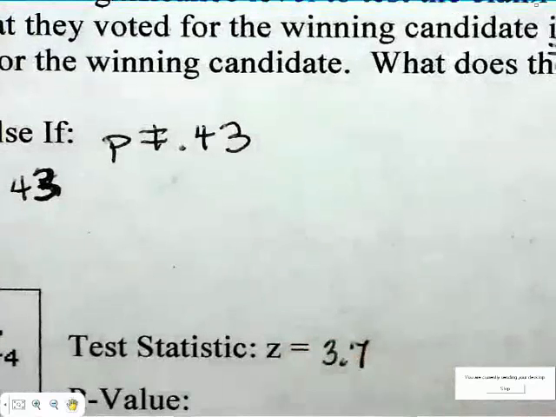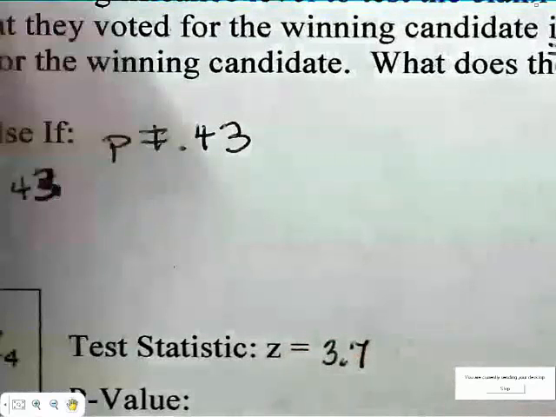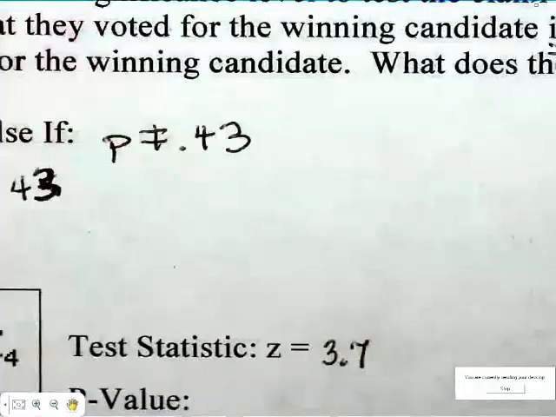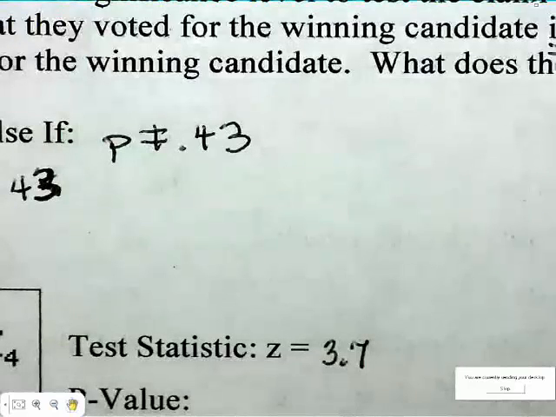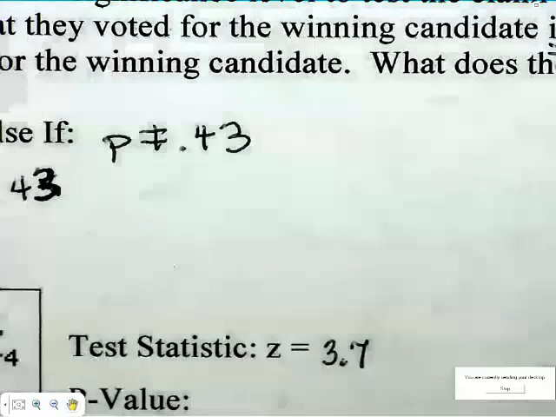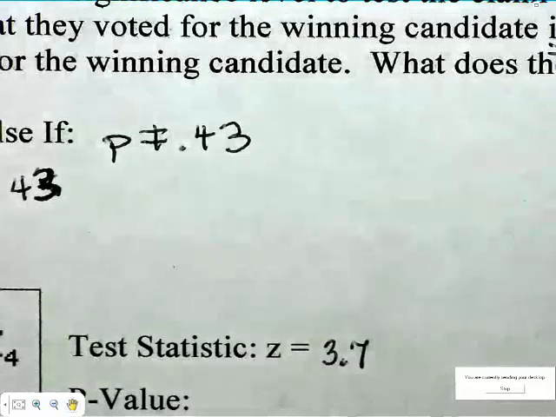If everybody just went in and flipped a switch with their eyes closed, roughly what percent of people would vote for the winner? If there are only 2 guys on the ballot, it'd be 50%. About 50% for the winner and about 50% for the loser.